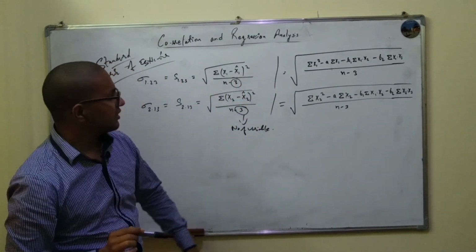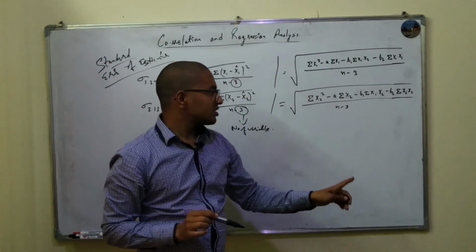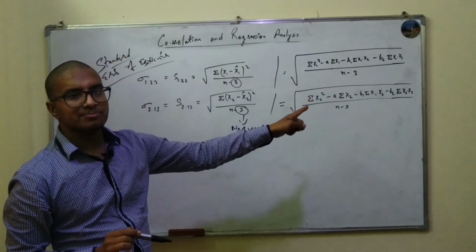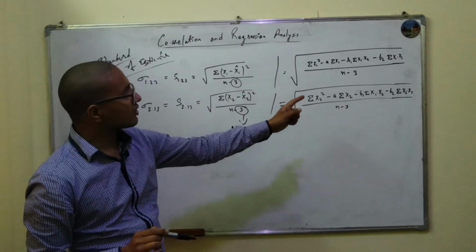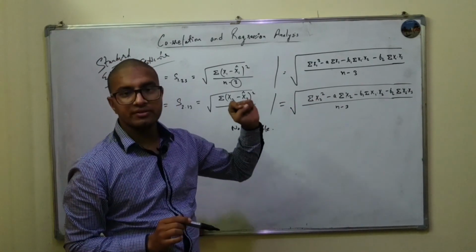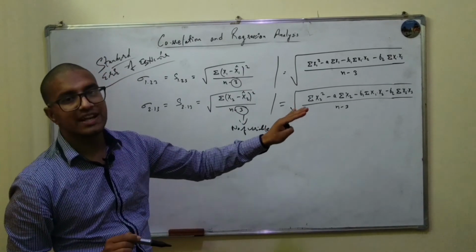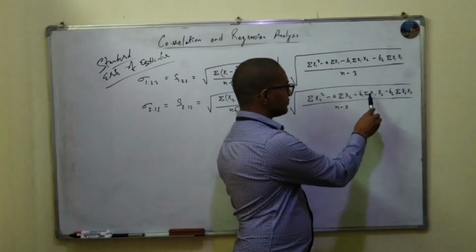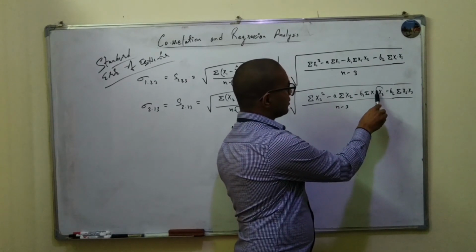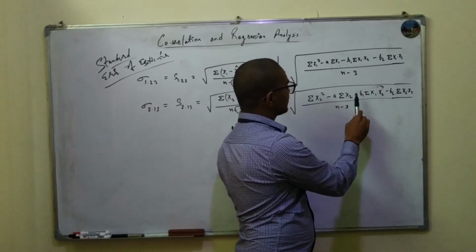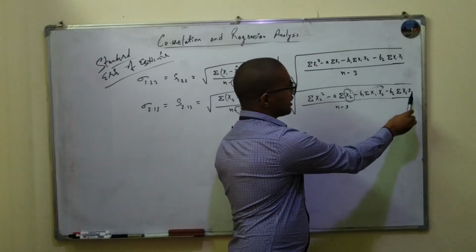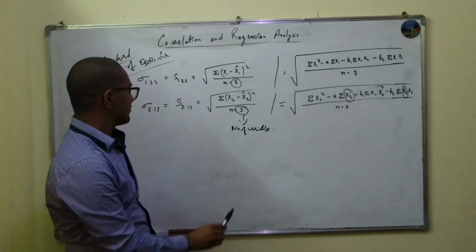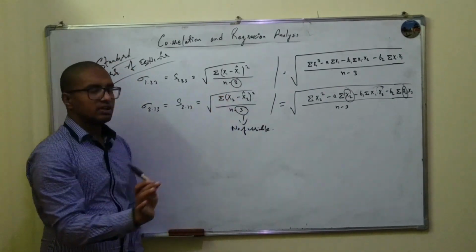In the other formula as well, it is summation x2 squared minus a times summation x2 minus b1 summation x1 x2 minus b2 summation x2 x3. The only things that have changed are these, and that's the only change over here.